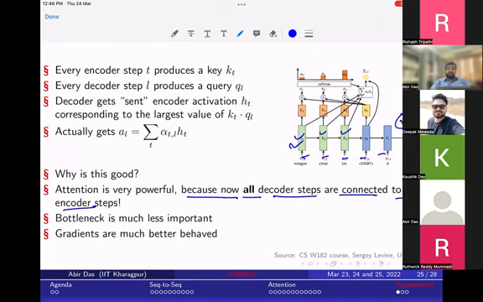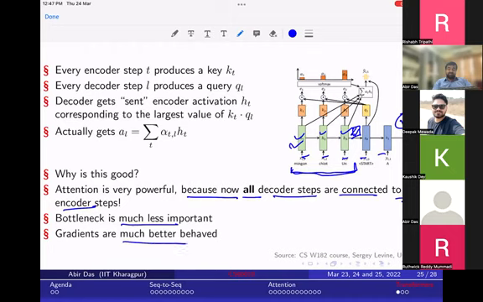This is true for all the decoder steps, not just this one, connected to all encoder steps. Bottleneck is much less important. The bottleneck problem we have discussed: to get the output from here, or even the hidden state at this time step, you have to rely on this for getting all the information from the encoder.